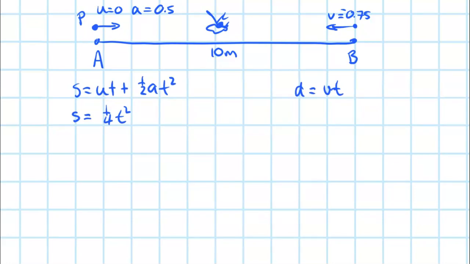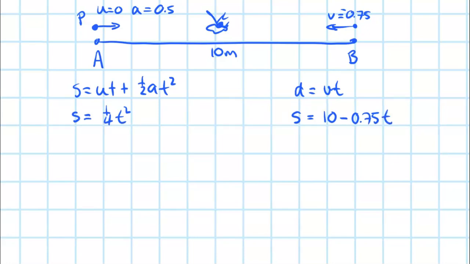What we know is it is starting at a displacement of 10 meters, and it's moving in the negative direction. So our displacement for Q is going to equal 10, and the velocity is negative, so we're adding a negative velocity anyway, minus 0.75t, and of course t is just time.